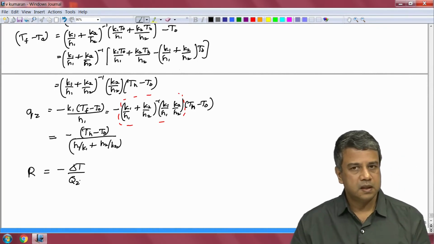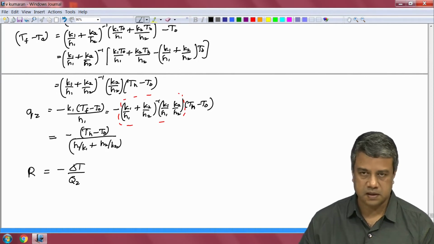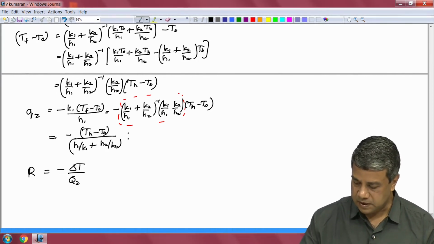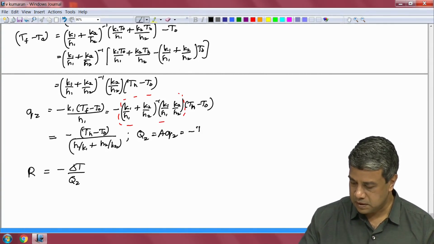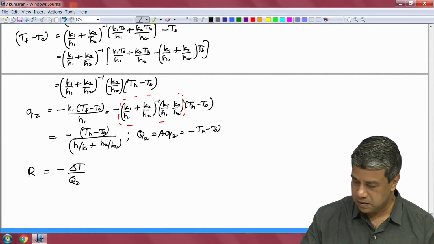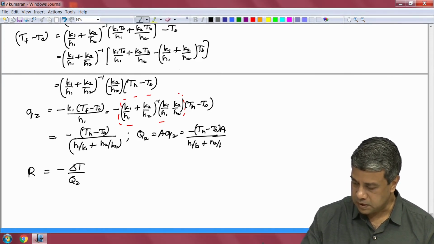Okay. This is usually defined with respect to the total heat transfer rate rather than the heat flux. So, for that I just have to write that Qz is equal to A times Qz, which is equal to minus (Th minus T naught) into A by (H1 by K1 plus H2 by K2).